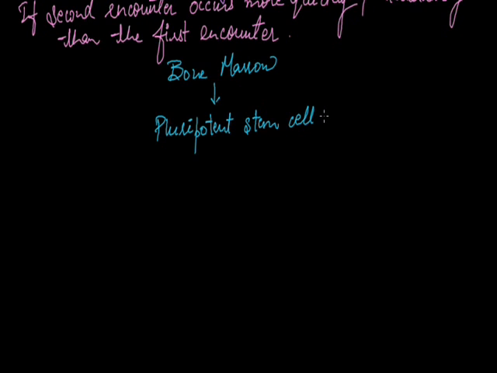These cells differentiate into different types of tissue cells, like lymphoid stem cells. These lymphoid stem cells will further divide and differentiate to give rise to different lymphoid cells.